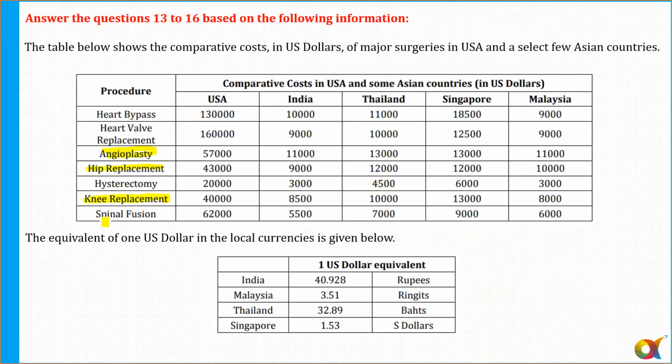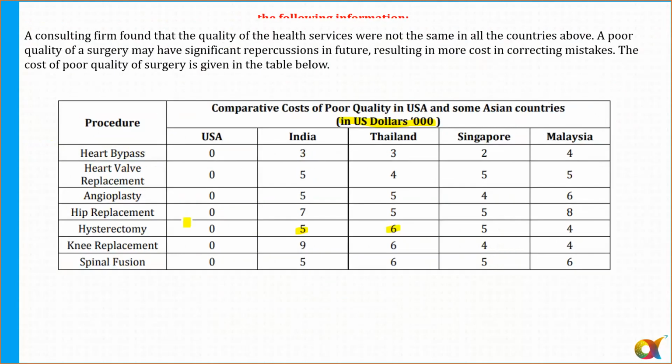If I'm talking about India, on the next slide, we need to focus on angioplasty, hip replacement and knee replacement. In India it is 5, so 5 plus 7 is 12, 12 plus 9 is 21. The poor quality for these three will be 21 in India. In Thailand, it is 5 plus 5, 10, plus 6 is 16.